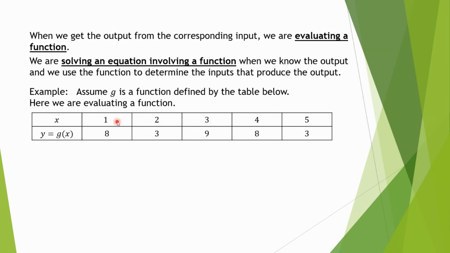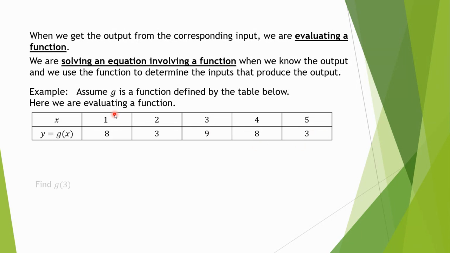So if your input is 1, by this table, we know the function is going to give us back 8. So if 1 goes into g, g is our function, 8 comes out, and so on for the other numbers. Notice the domain, which is all possible inputs, is the numbers in the top row. That's our domain. The range is all these numbers. That's what the range would be.